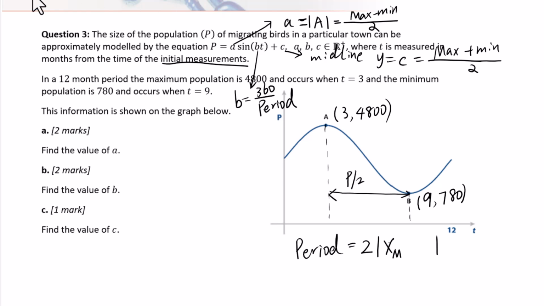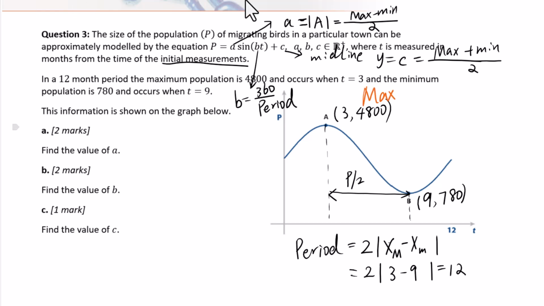In other words, period equals 2 times the absolute value of the x coordinate at the maximum point minus the x coordinate at the minimum point, equals 2 times absolute value of 3 minus 9, equals 12.